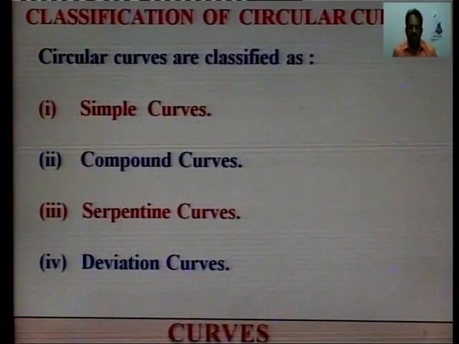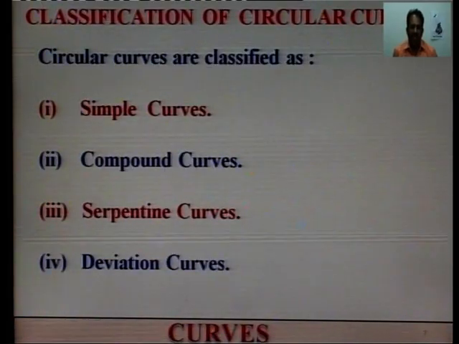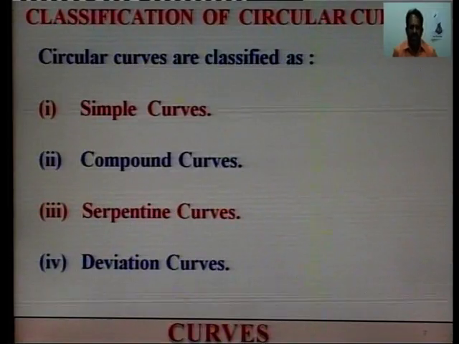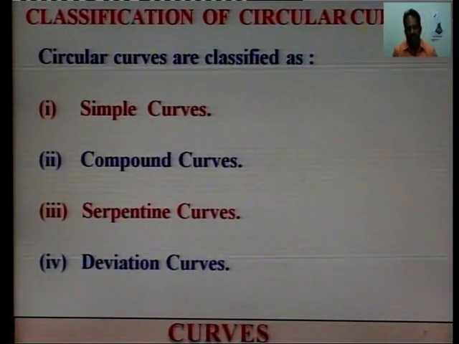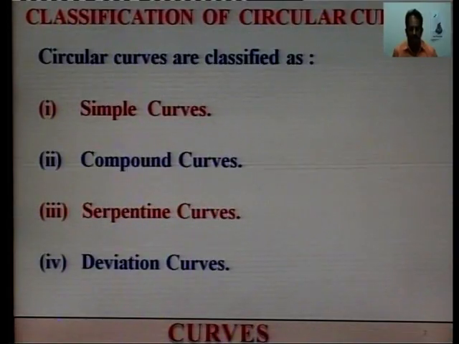Next is how we classify the curves. Classification of circular curves. Circular curves are classified in the following 4 ways. Number 1 is simple circular curves. Second is compound curves.